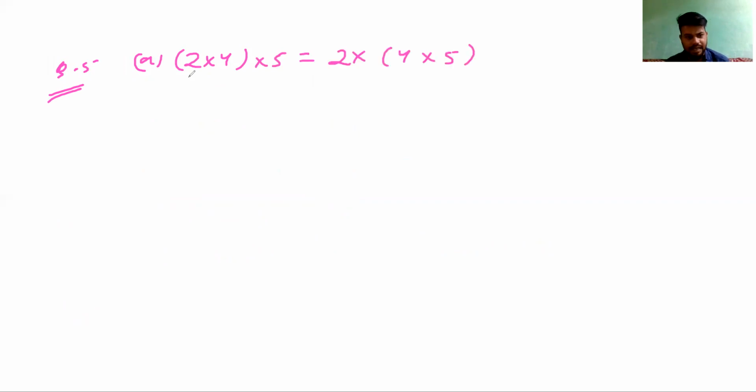Here you can see three numbers are there, 2, 4 and 5. But in this, 2 and 4 are inside the bracket, and in this, 2 is outside the bracket, and 4 and 5, the second and the third number, are inside the bracket. So is it true or false? Yes, it is true, because this is a property, and the name of the property is grouping property.